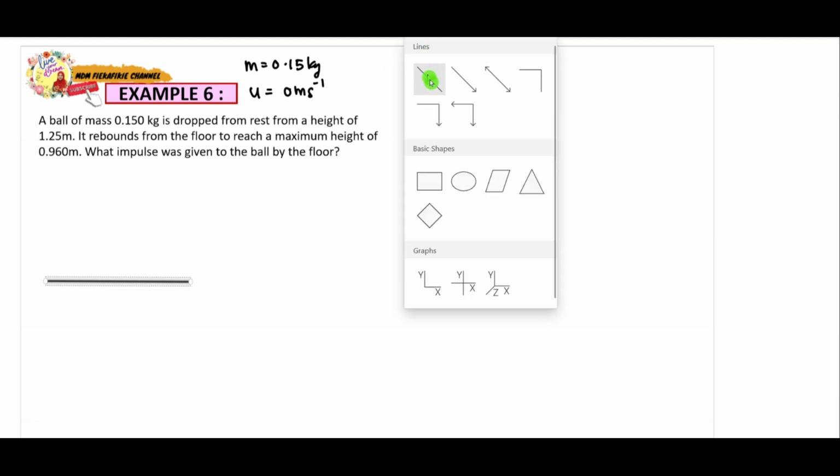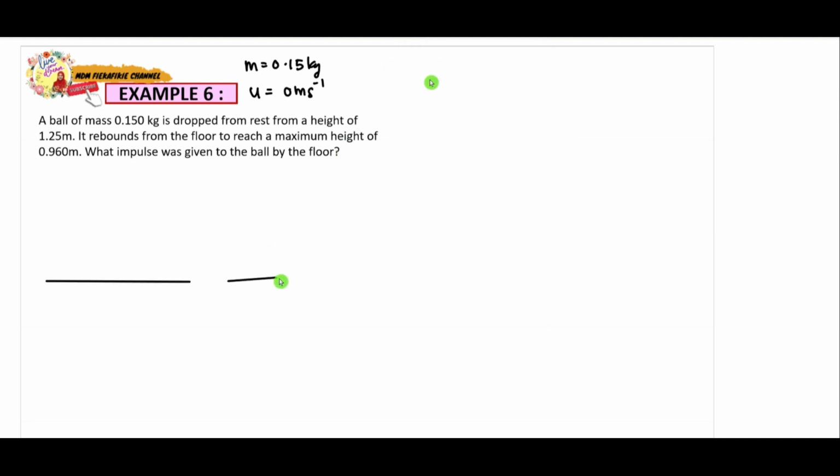So maknanya sekarang ada dua cerita. Saya buat cerita part 1 dan part 2. Macam cerita komik kan? Ada part 1, part 2. So sekarang let's write here, this is part 1. And this is part 2. So part 1, when the ball is dropped from the certain height, U here is 0 meter per second.